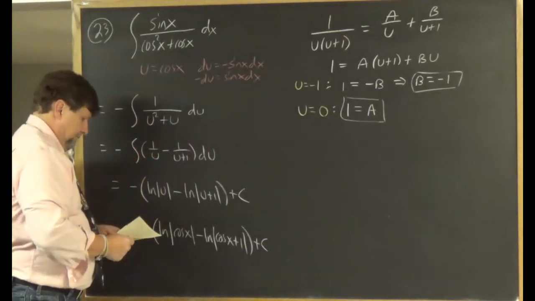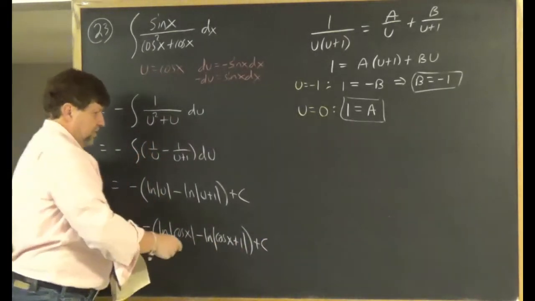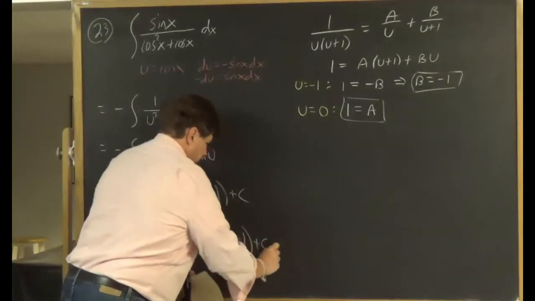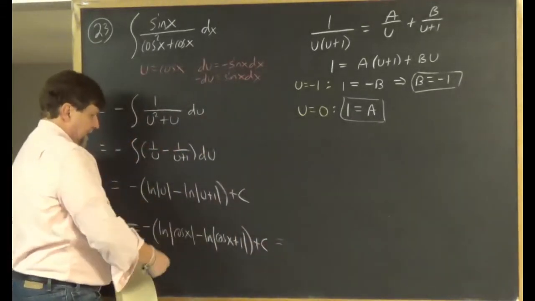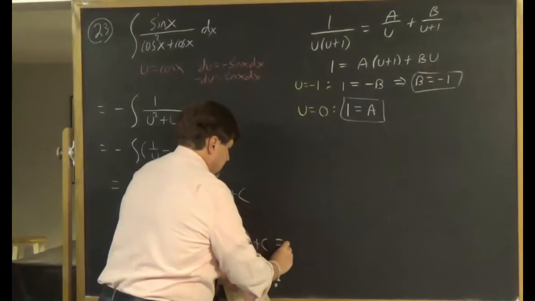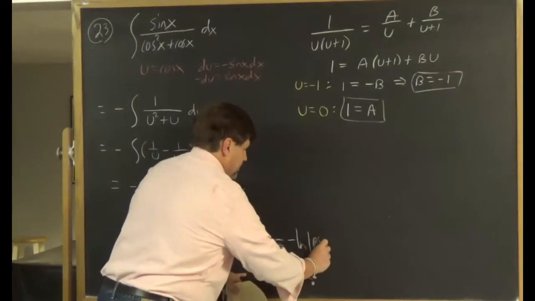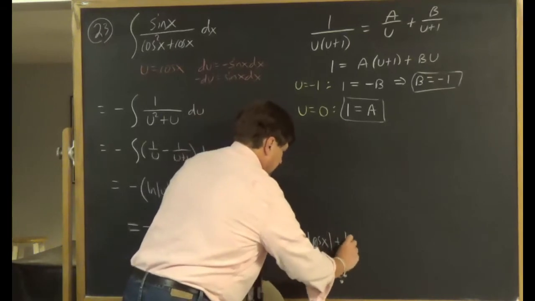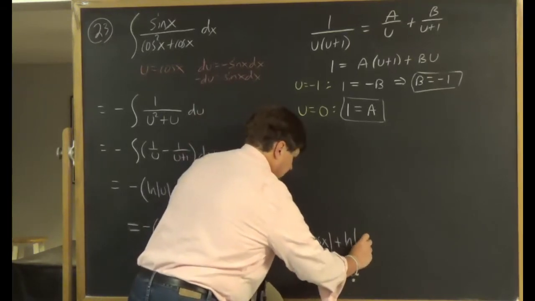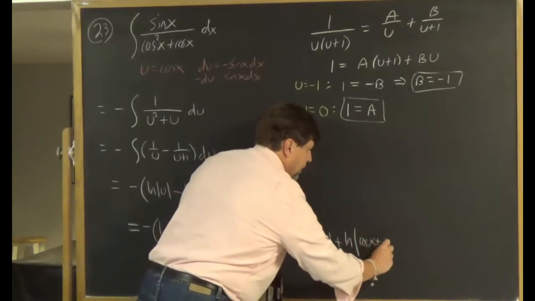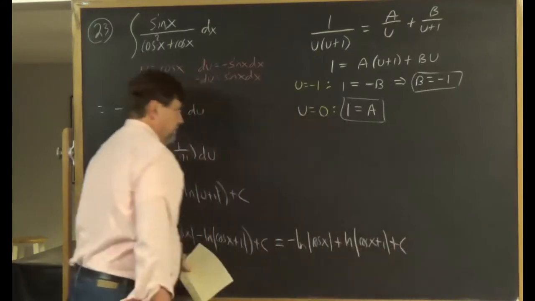Or if you wanted to, I guess you could distribute the negative to get negative natural log absolute value of cosine x plus the natural log absolute value of cosine x plus 1.